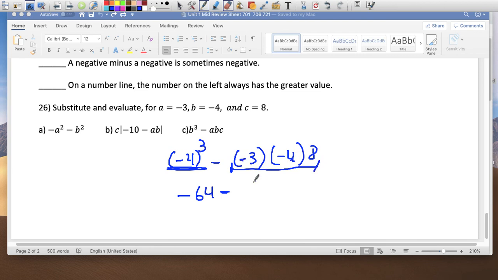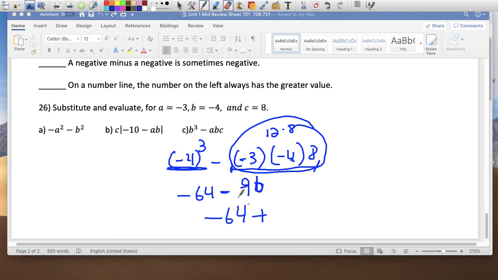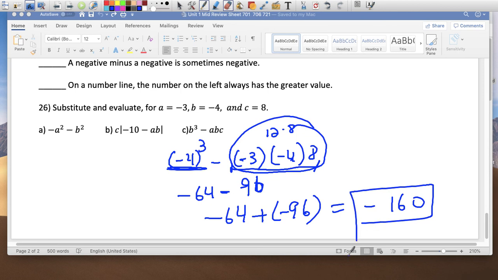Negative and negative is positive, so 3 times 4 is 12, and 12 times 8 is 96. So this whole thing over here is 96. I have a negative minus a positive, so negative 64 plus negative 96. That's going to give us negative 160. And that looks like the answer.